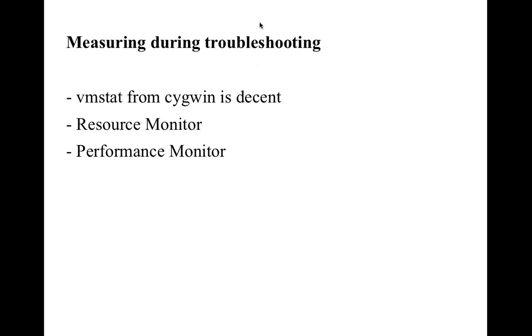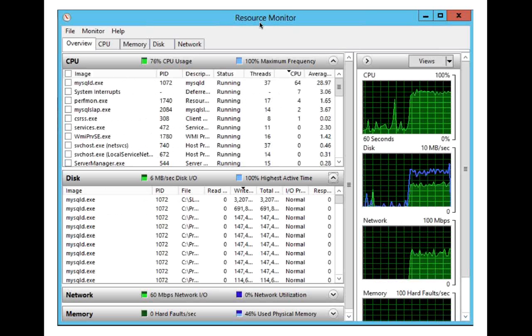So here's a view of the Resource Monitor while I'm running mysqlslap. For this screenshot, I opened a couple of sections, the CPU and the disk sections. So you can see here what I said. It's a bit like an improved Top with other things, because you don't have the disk view in Top, for example.